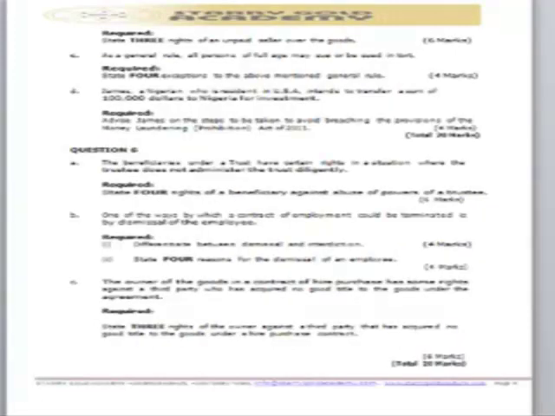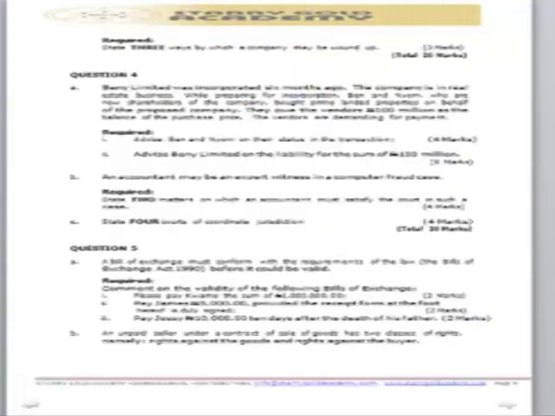State three rights of an unpaid seller over the goods. So that means in a sales of goods contract, we have what we call remedy available to the seller. Okay, I think he's talking about the seller.